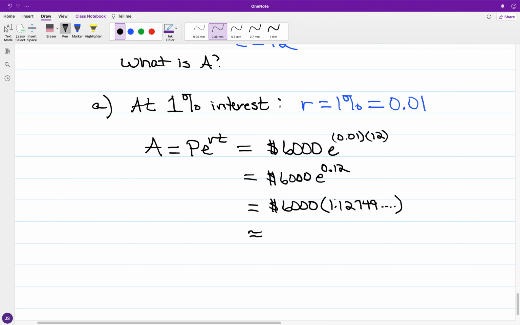Taking e to the 0.12 and multiplying by $6,000, you have for that balance about $6,764.98.